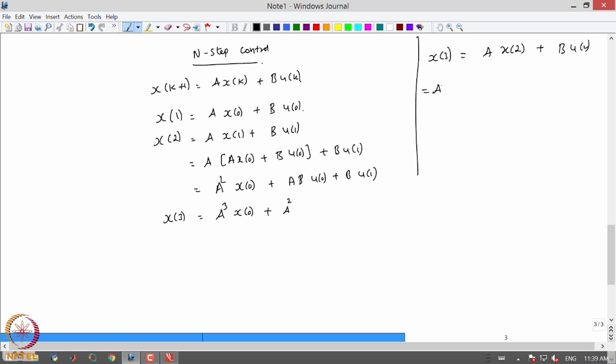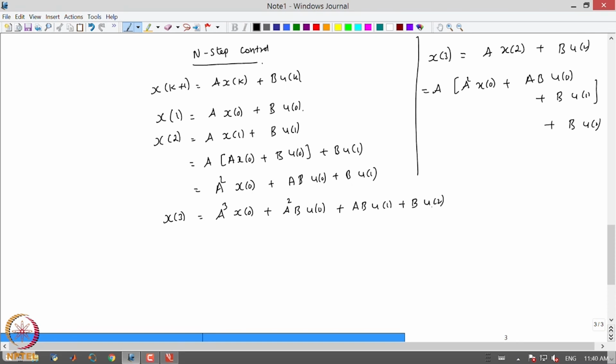So, what is x of 2? x of 2 is A square x naught plus AB u naught plus B u1. So, that will be A cube x naught plus A square B u naught plus AB u1 plus B u2.